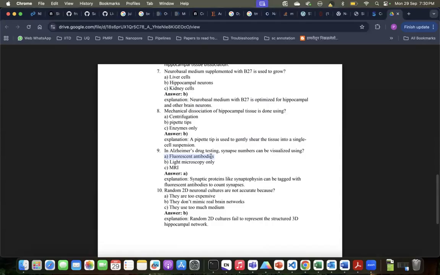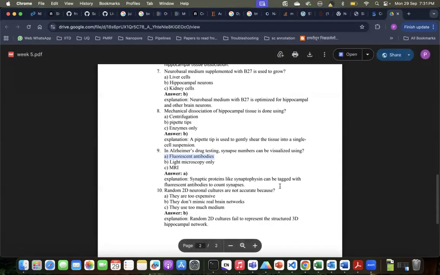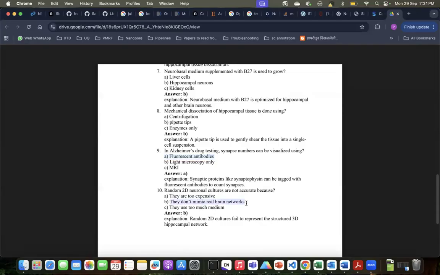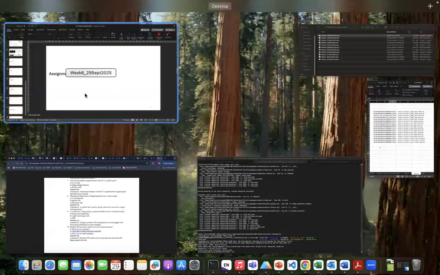Wherever you have an overlap, which shows up as yellow, then you know there's an actual synapse forming. The ends of all neurons would probably have that red color, the starts of all neurons would have that green color, but only when they interact, when they're close enough, will you get a yellow fluorescence. Random 2D neuronal cultures, which is mostly what is done, are not accurate because they don't mimic the real brain region. So that's your assignment 5.